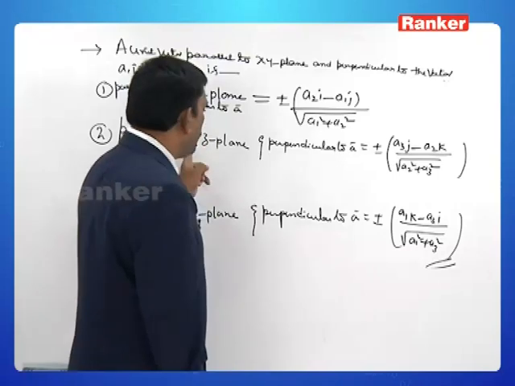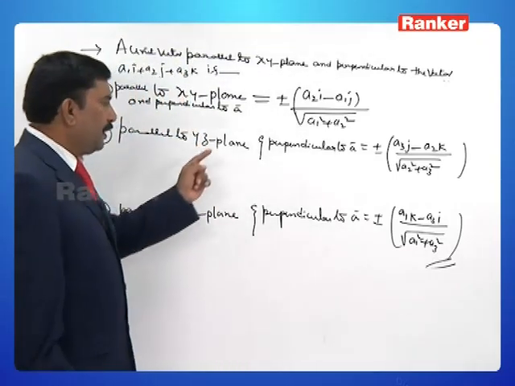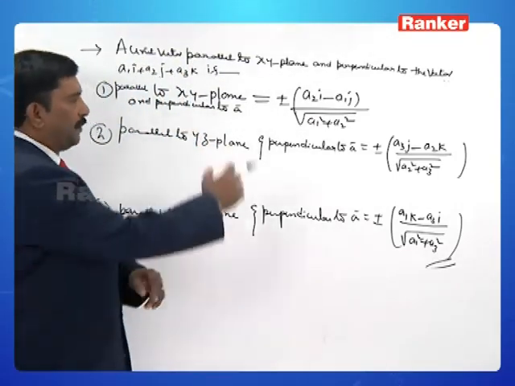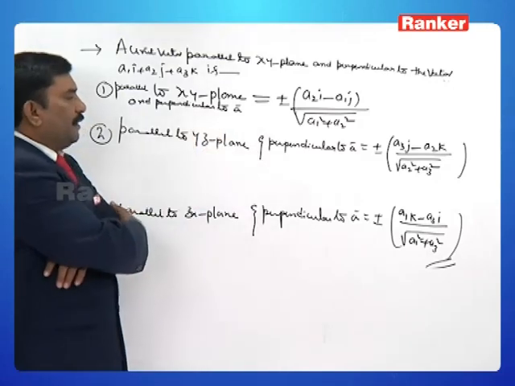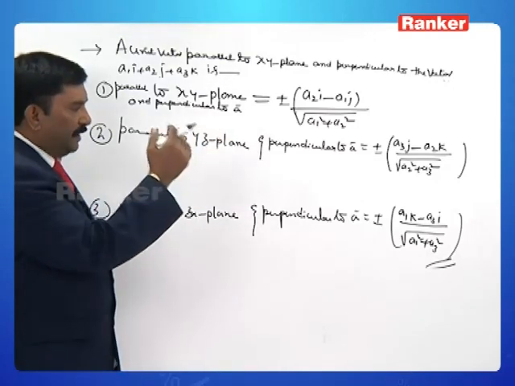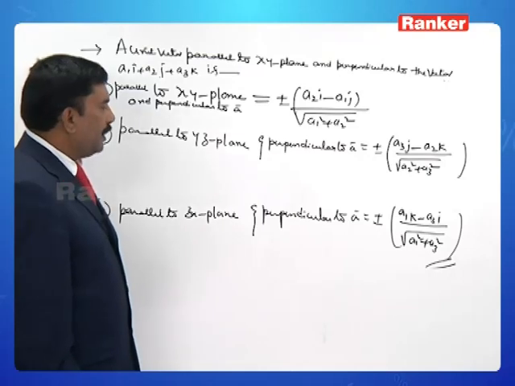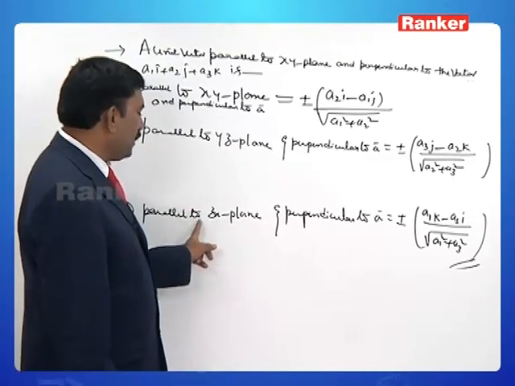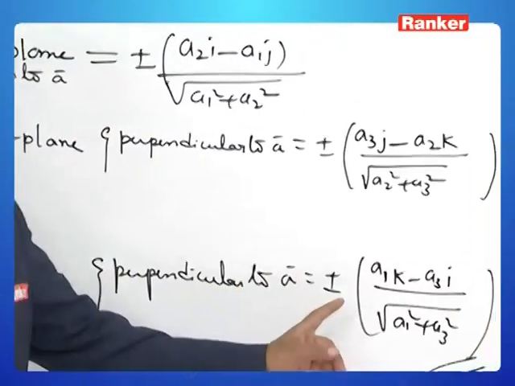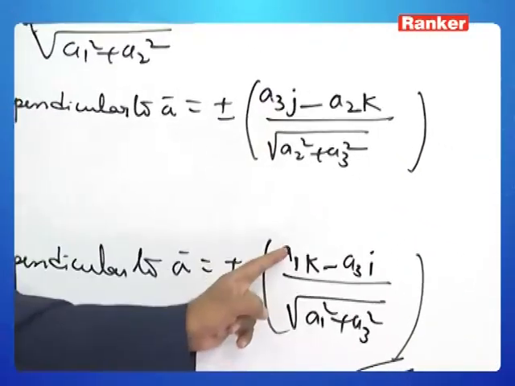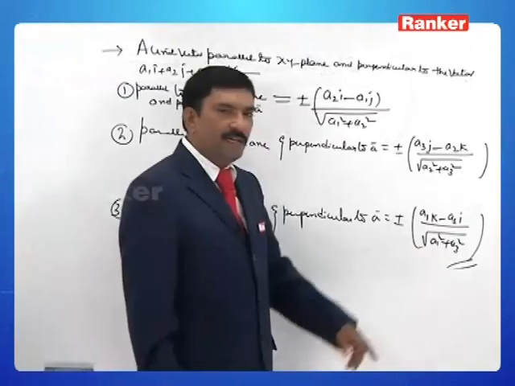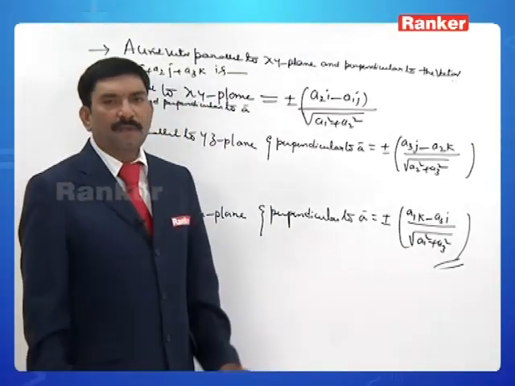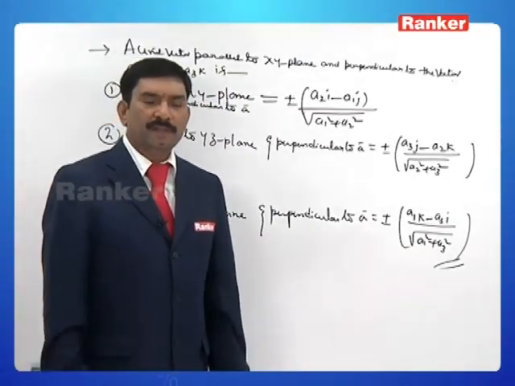The unit vector parallel to the YZ plane and perpendicular to A bar is, come on, cyclic order, A3j minus A2k by square root of A2 square plus A3 square. The unit vector parallel to the ZX plane and perpendicular to A bar is plus or minus, cyclic order you interchange, A1k minus A3i by square root of A1 square plus A3 square.